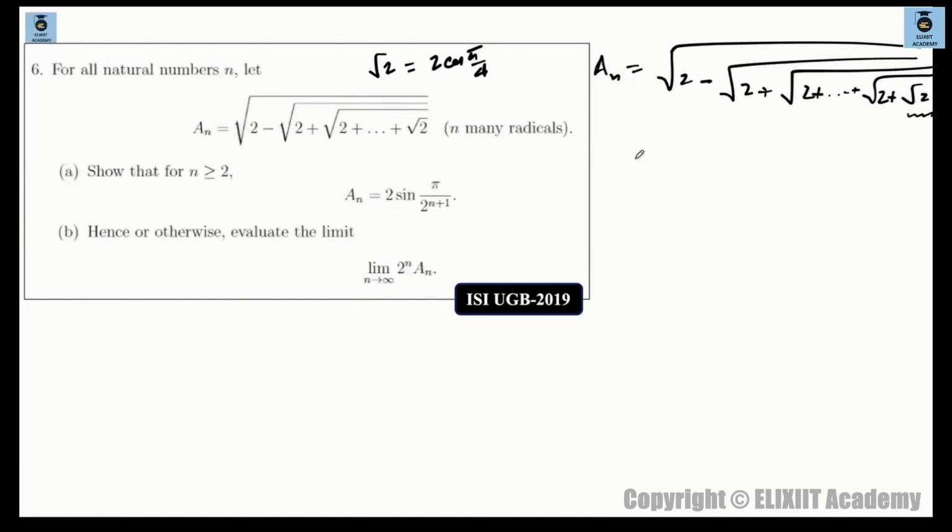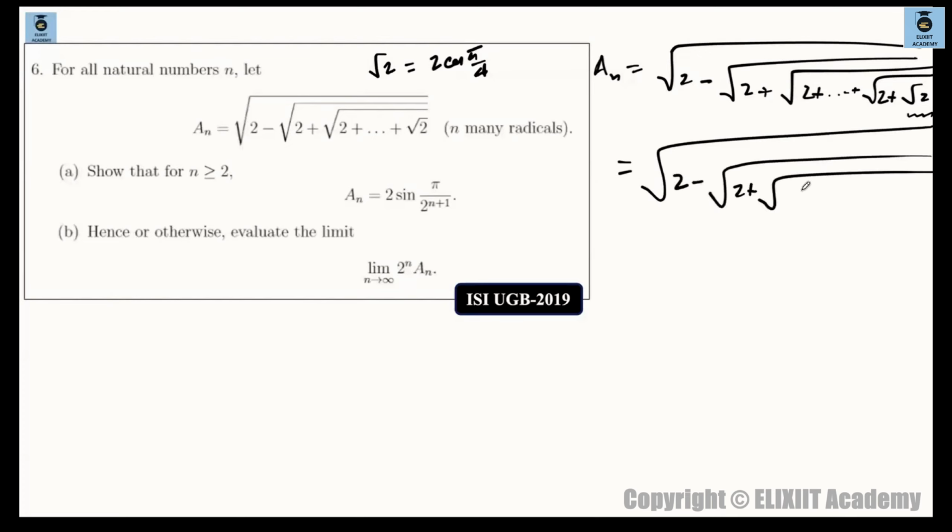क्यों? क्योंकि यहाँ पे root over of this will become 2 minus 2 plus root over of 2 plus this quantity will become 2 plus 2 cos pi by 4 then, and one of this 2 will come out and you will be having 1 plus cos pi by 4. समझो कि नहीं? You will be having 1 plus cos pi by 4, है ना?